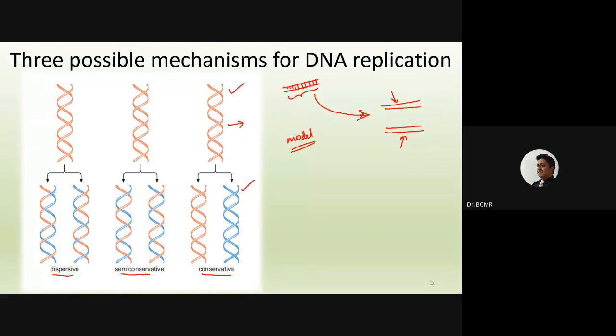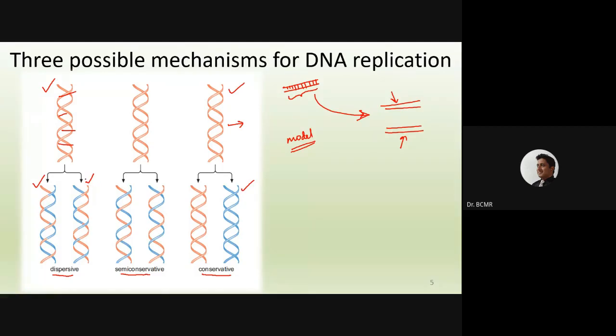I will take up conservative first, where a DNA molecule, by some unknown mechanism, will make an entirely new DNA molecule that is shown in blue color here. Now I'm going to describe the dispersive, where they think DNA gets into pieces, and some of the pieces go into one daughter DNA molecule, and some parts go into another daughter DNA molecule.